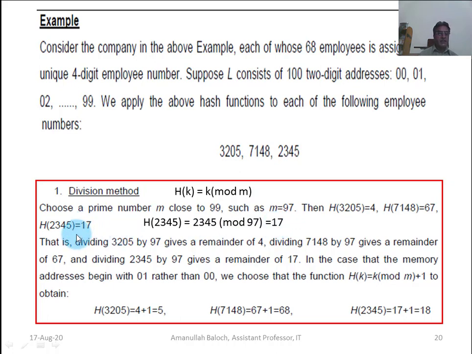Dividing 3205 by 97 gives a remainder of 4, and dividing 7148 by 97 gives the remainder 67. Dividing 2345 by 97 gives a remainder of 17, which we have considered here.